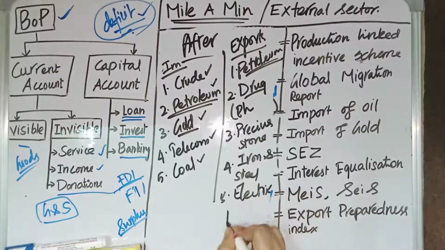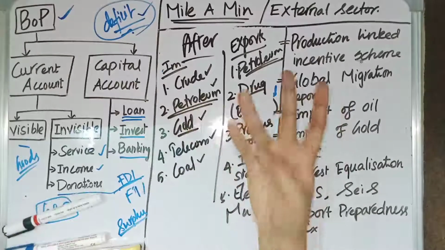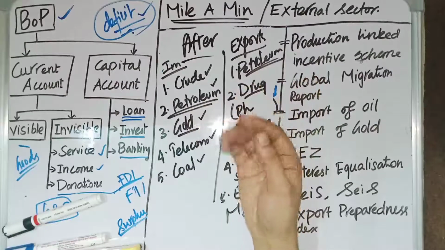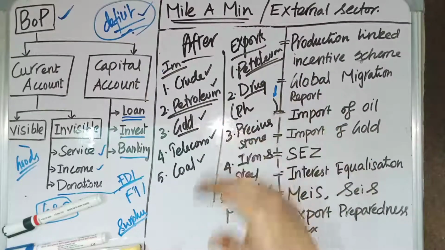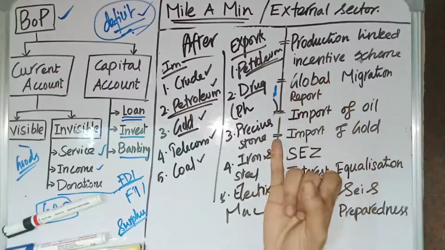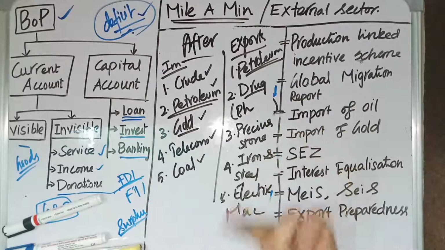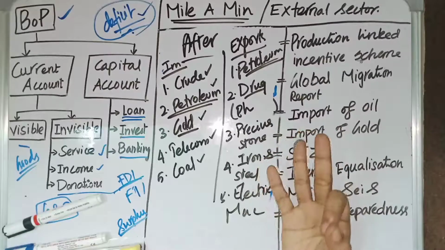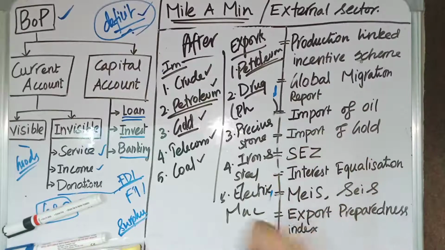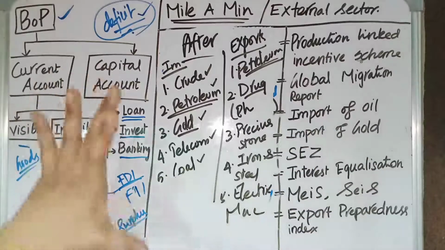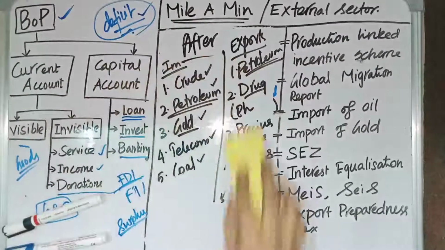These are the things which we export more. The things we import more are crude oil, petrol, gold, telecom instruments and coal, whereas the things which we export more are petroleum products, pharmaceuticals, then precious stones, iron and steel, and electric machinery. These are the top imports and top exports of India.